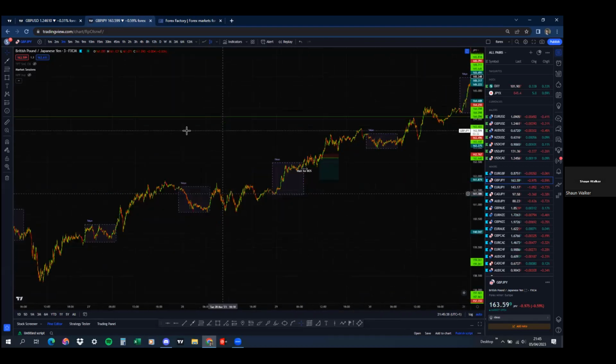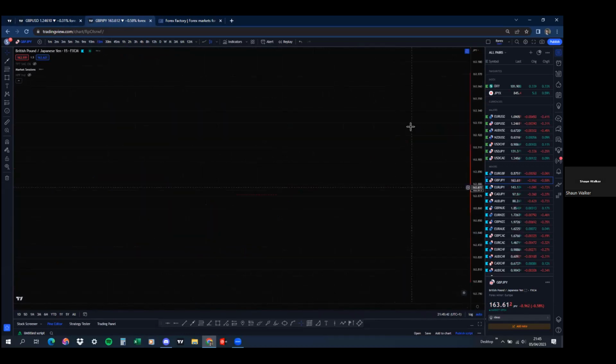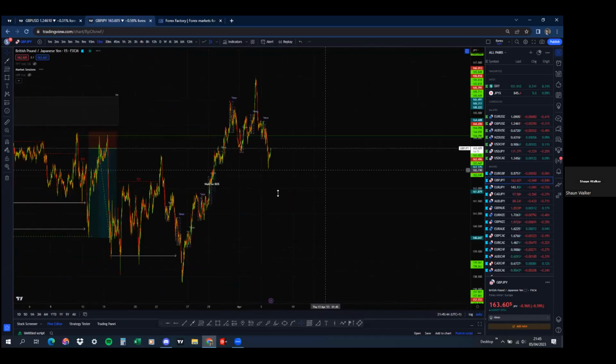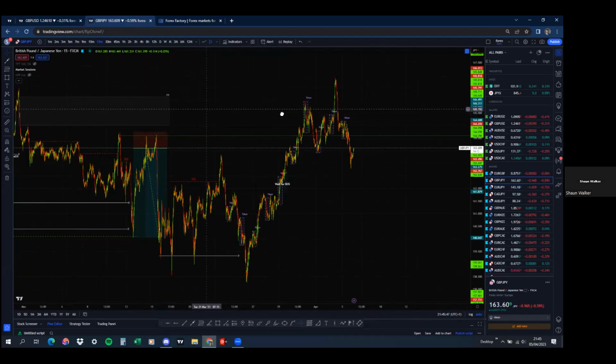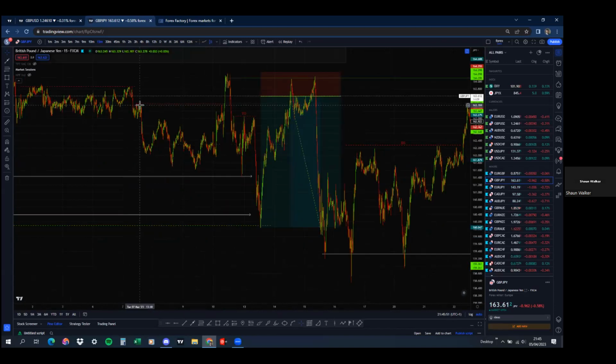So it was that 15-minute candle that I was looking at. As you can see, I've had this liquidity marked here with the red dotted lines.